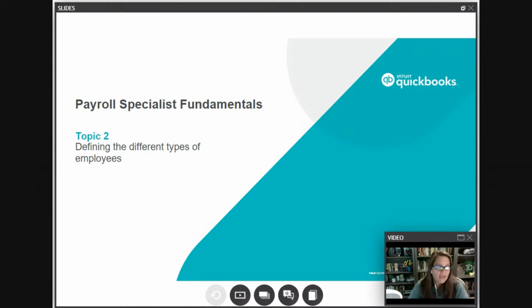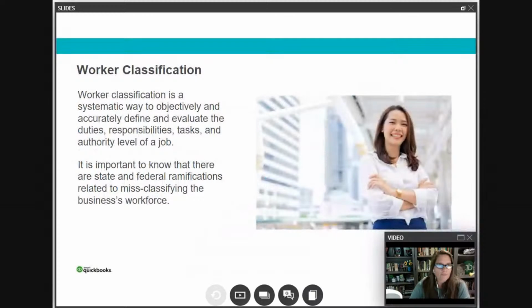So we want to define some different types of employees. We're going to look at some key factors and criteria that are going to help determine whether a worker should be classified as an employee, a contractor, or a statutory employee. So worker classification is a systematic way to really define duties.